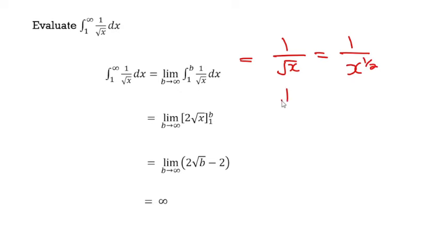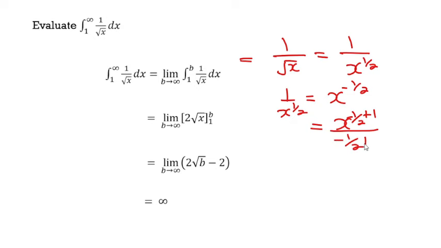Now 1 on x exponent 1/2 can also be written as x exponent negative 1/2. If you are to integrate this, as usual, we add 1, then we divide by negative 1/2 plus 1. In this case, negative 1/2 plus 1 gives us 1/2.